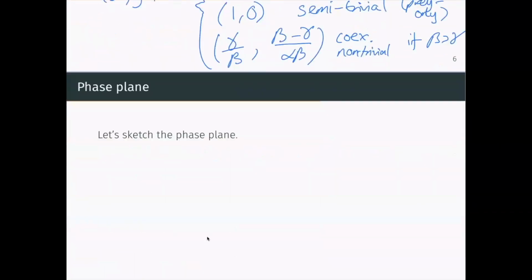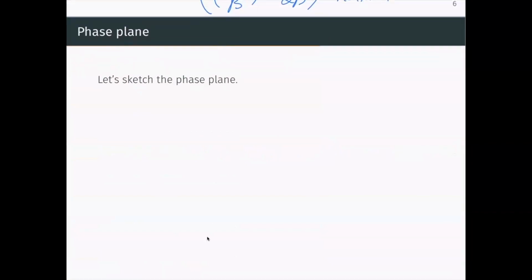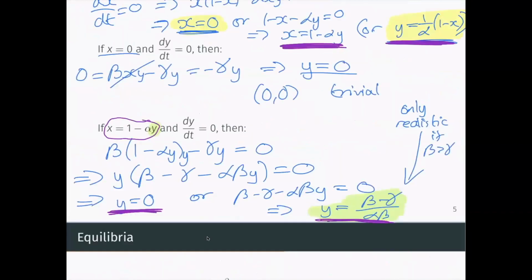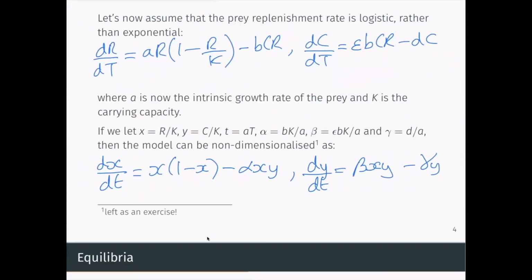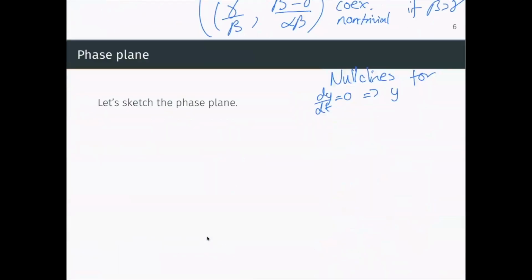We also have null lines for dy/dt. Let's write those down. If we go all the way back up to our equations up here, for dy/dt to equal 0, y must equal 0, or x must equal gamma over beta.